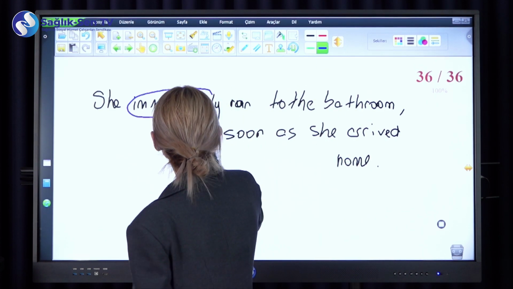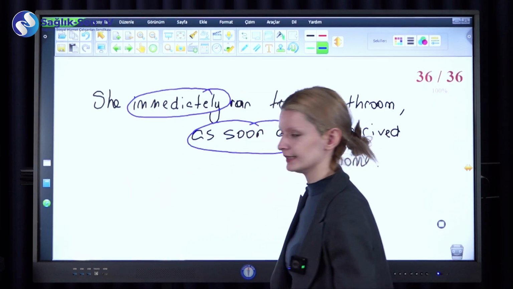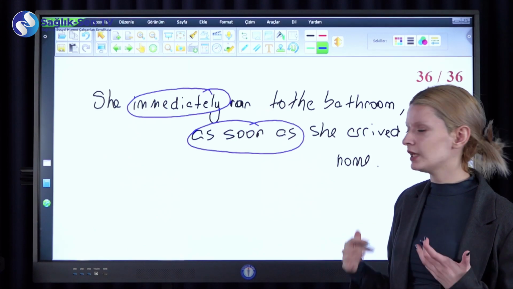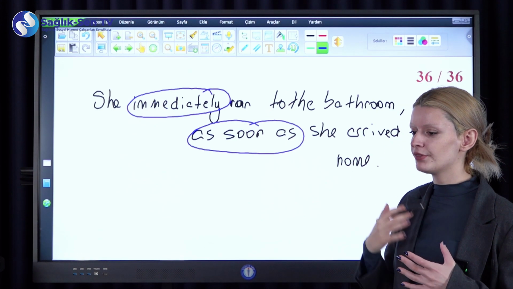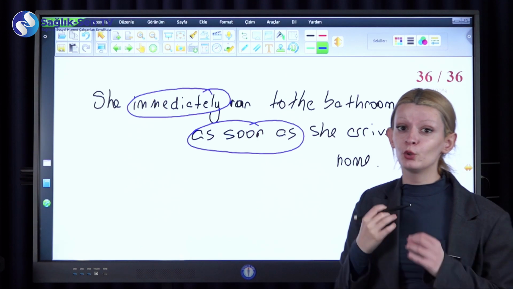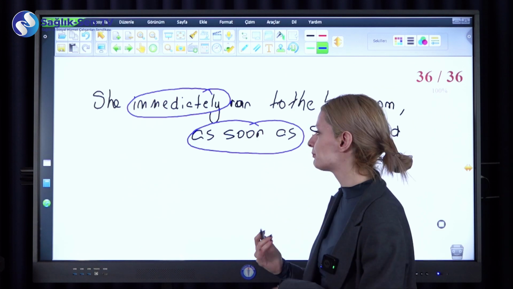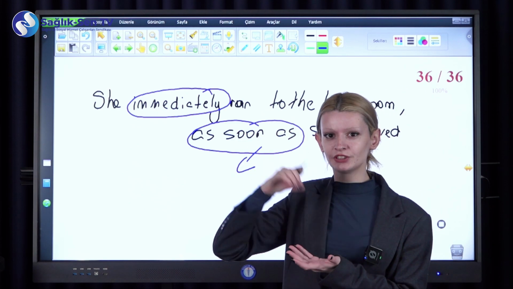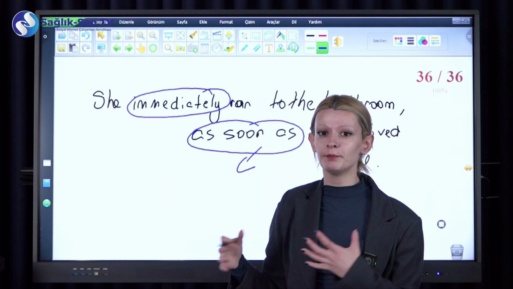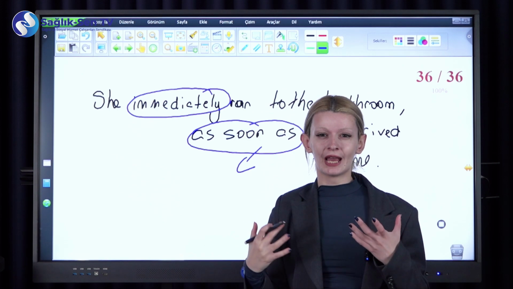So we have two new phrases here. What do they mean? How do we use them? Immediately means something that happens quickly, in seconds. As soon as she arrived home, the moment she arrived home, again, both of them mean a short action.